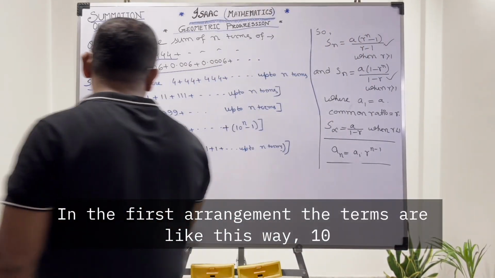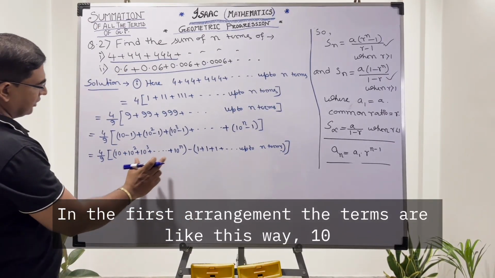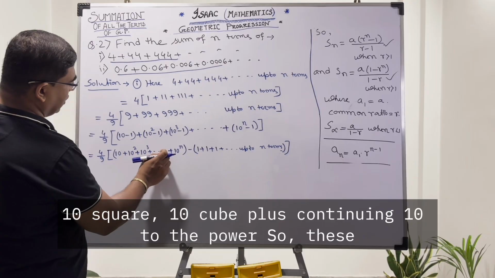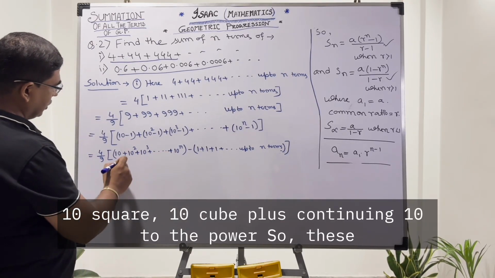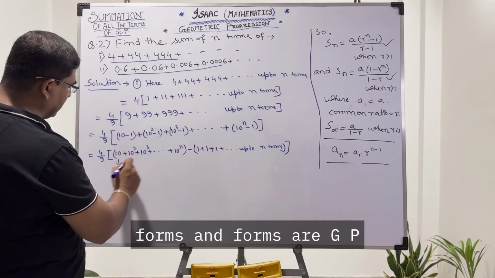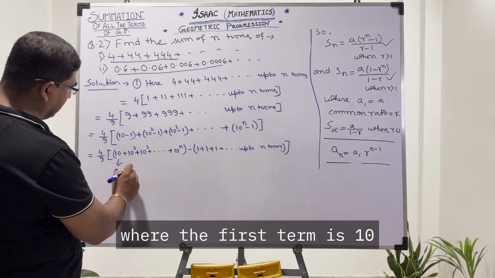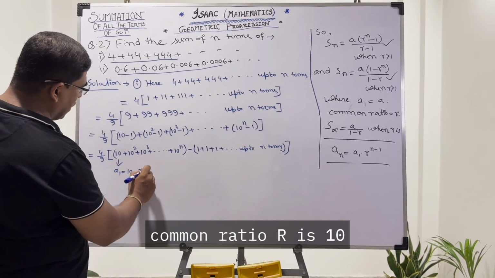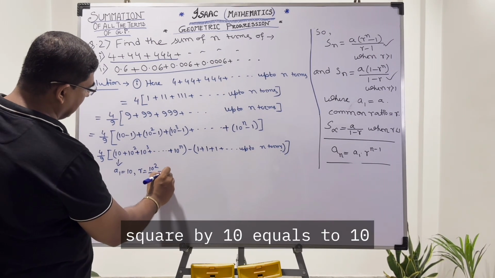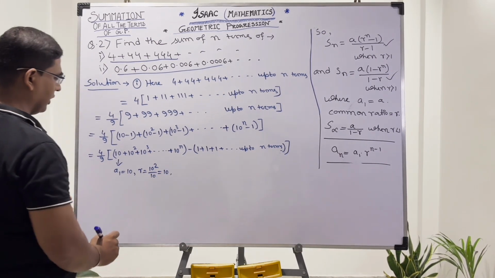In the first arrangement, the terms are like this: 10, 10 square, 10 cube plus continuing 10 to the power n. So this forms a GP where the first term is 10. Common ratio R is 10 square by 10 equals 10.